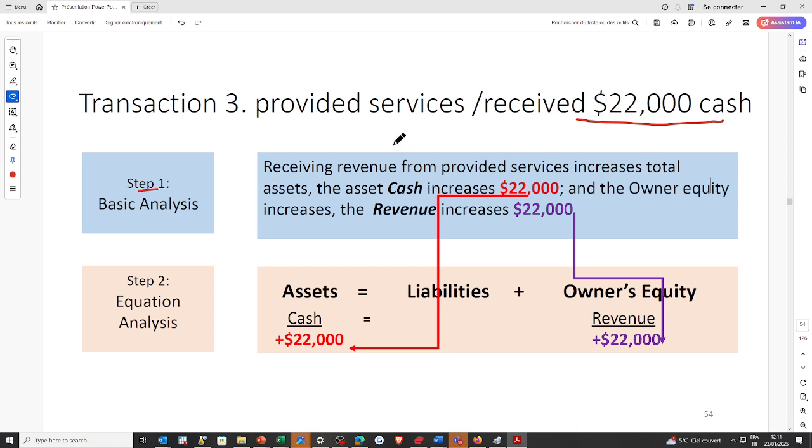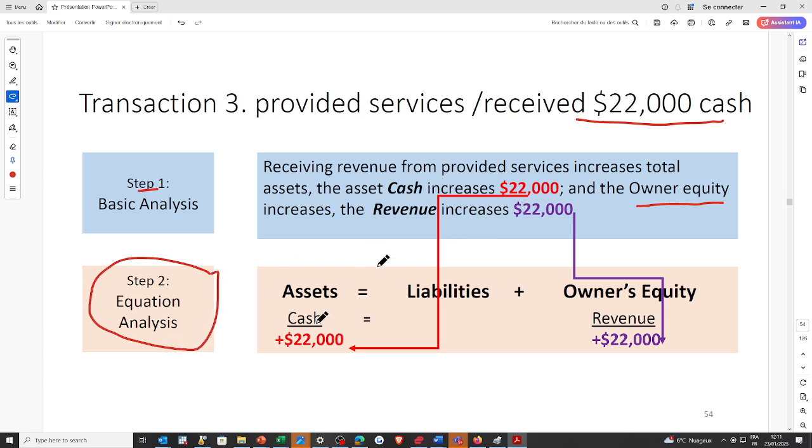When you provide the service to a client and you receive the revenue, and the client paid you immediately, it means that you receive the cash, your cash will be increased 22,000, and the revenue account also increases 22,000. So you know that the revenue account is in the owner equity. So that's the reason why we can continue with the second step of the accounting equation.